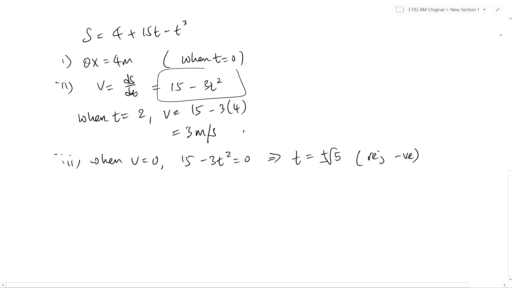So when time is equal to positive root 5, he came to a rest instantaneously at that point in time. In this case, it means that he is doing a U-turn. Now we want to find the acceleration. a is dv over dt. Differentiate this: negative 6t. When t equals root 5, a is negative 6 root 5 meters per second squared.